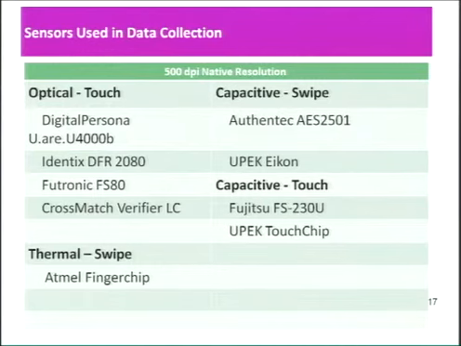There is only one commercially available thermal swipe sensor, so that was used for the study. There were 2 fingerprint sensors that were of the capacitive swipe type, and all laptops that come equipped with fingerprint sensors, the technology that they use are capacitive swipe.